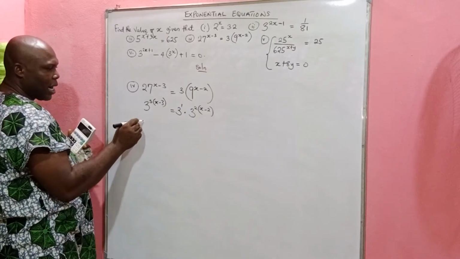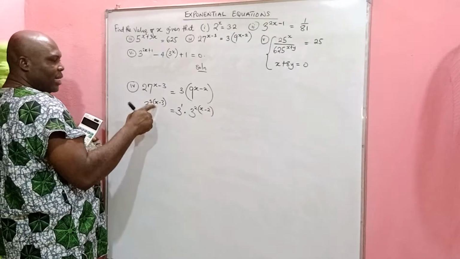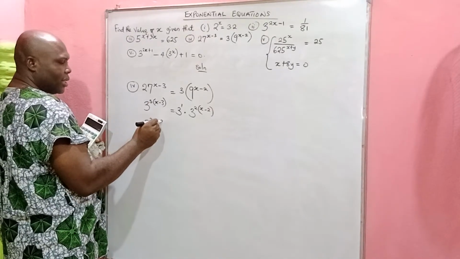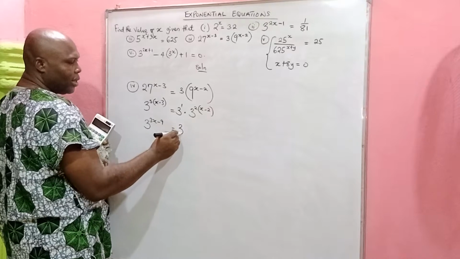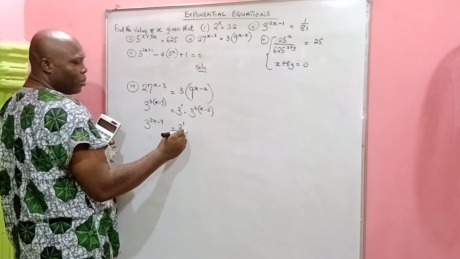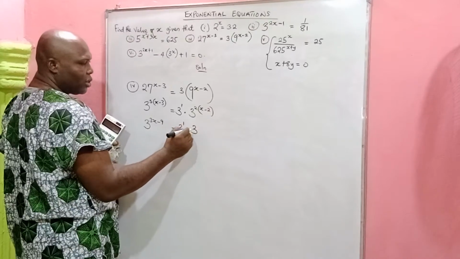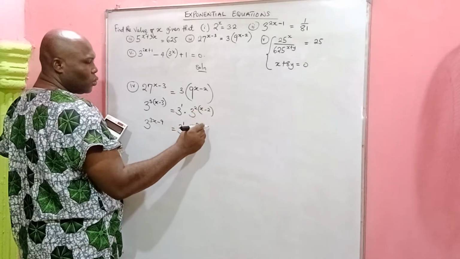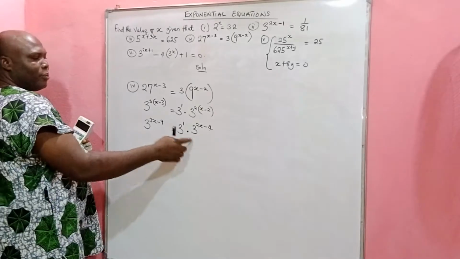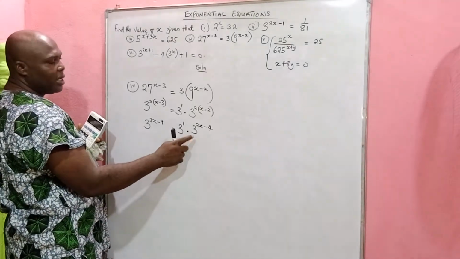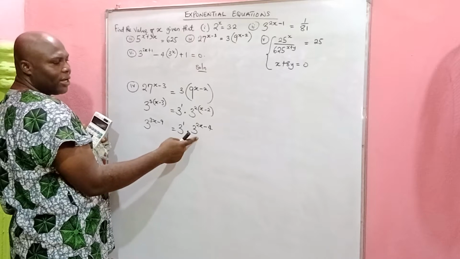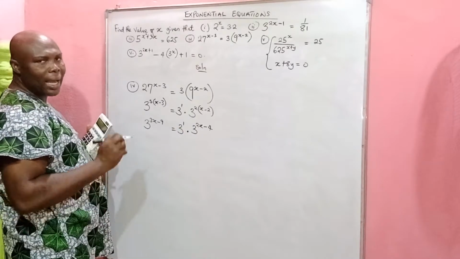So we are going to have 3 raised to the power of 3 times x is 3x minus 3 times 3 is 9 is equals to 3 raised to the power of 1 being multiplied by 3 raised to the power of 2 times x is 2x minus 2 times 2 is 4. So at this point here, we are going to apply the first law of indices that tells you that a raised to the power m times a raised to power n is equals to a raised to power m plus n.